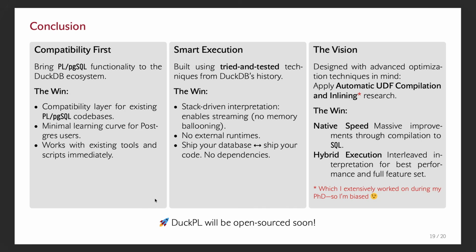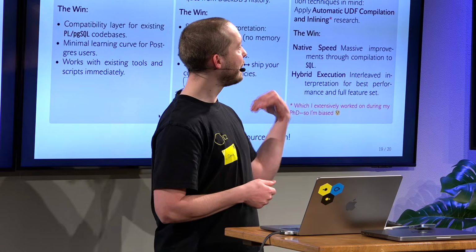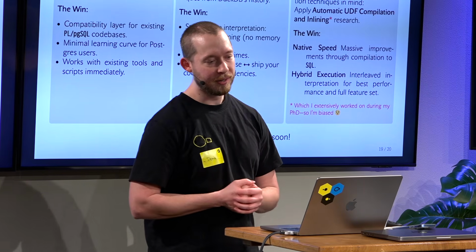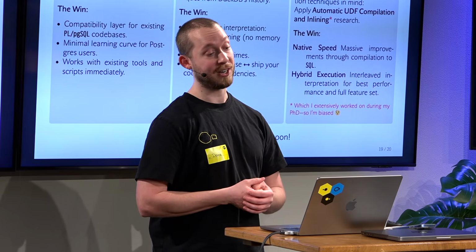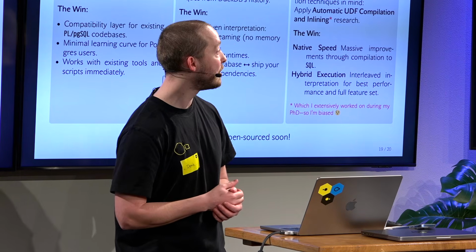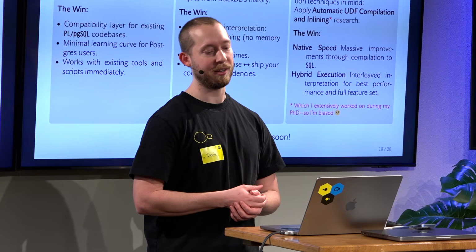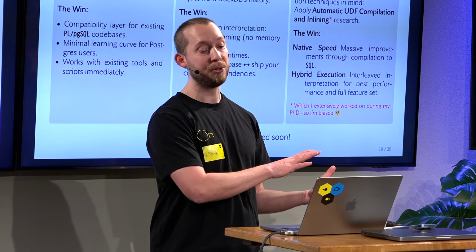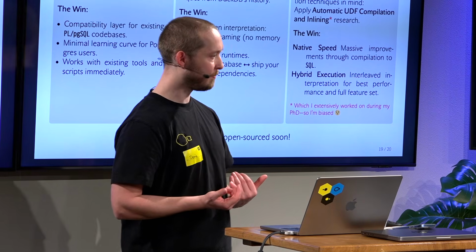We don't have a learning curve because this stuff is known and LLMs can generate it, honestly. Then we want to have smart execution. So instead of just having the compatibility, we have the speed we are after. And in the end, we want to have the hybrid execution and the CLI features.